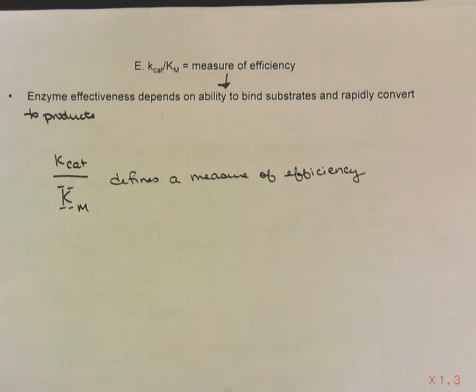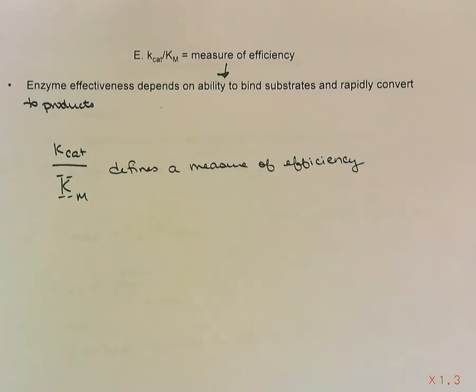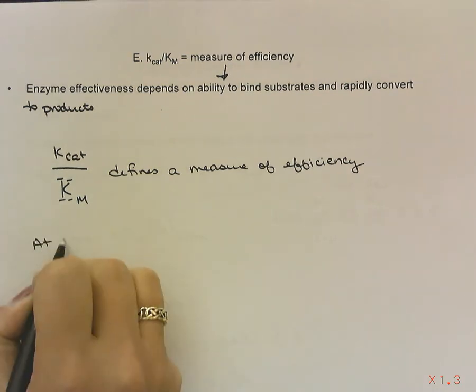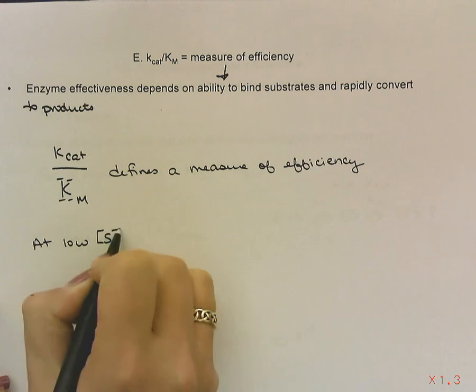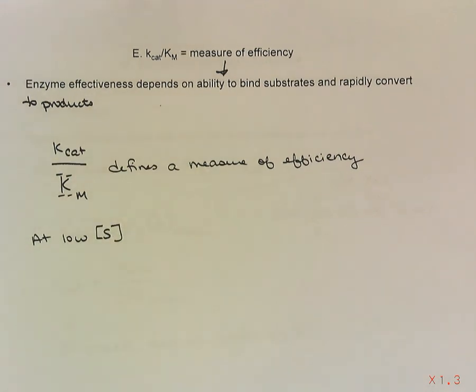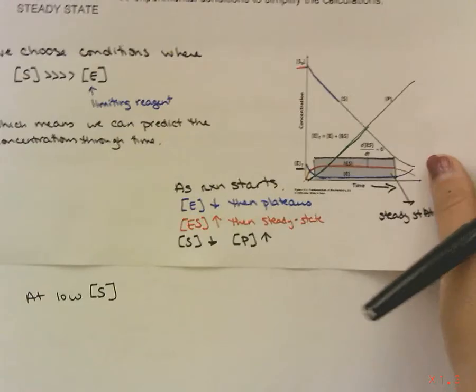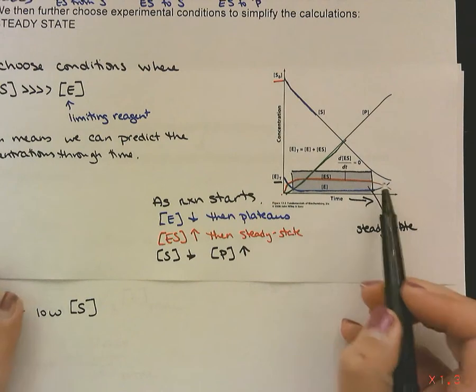All right, so if we use the equation KCAT divided by Km to measure our efficiency, we can do the following to our Michaelis-Menten equation. If we are at low substrate concentration, let me refer back to my chart. Here we are at low substrate concentration, right?